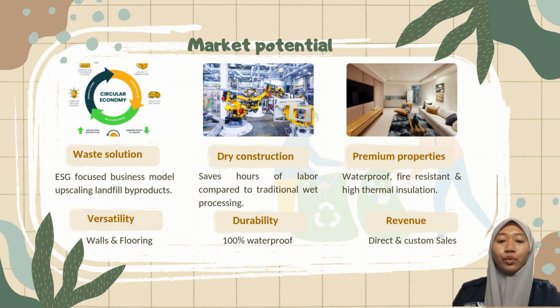Lastly, how do we compare to existing market solutions like plywood or drywall? Yes, by mixing fly ash with our special binders, we offer superior material features. So, firstly, plywood and drywall absorb water and rot, but our panels are 100% waterproof.